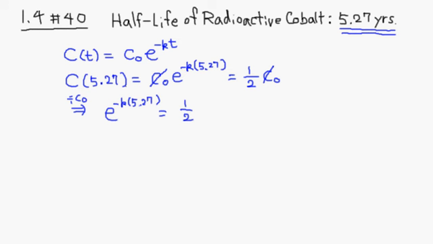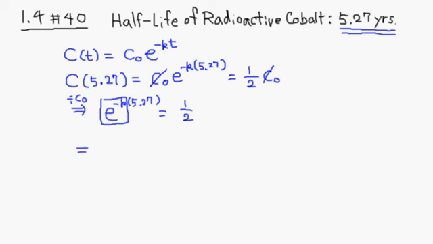What I'm going to do is solve for e to the negative k. I would try to isolate that instead of solving all the way to k. All you really have to do is raise both sides to the 1 over 5.27 power.